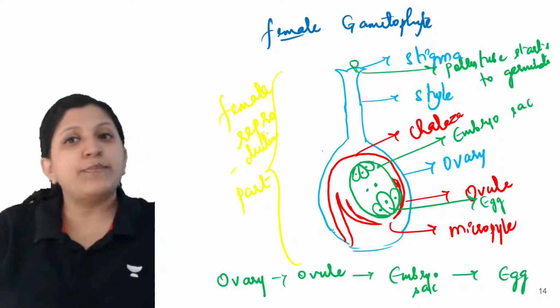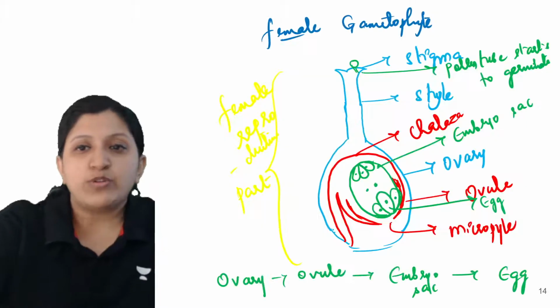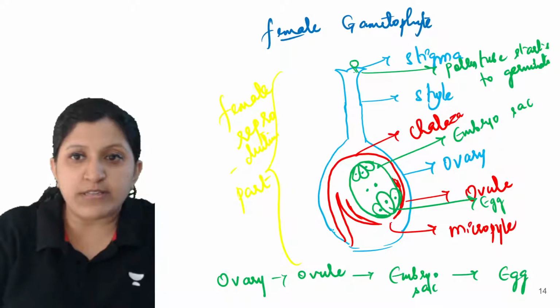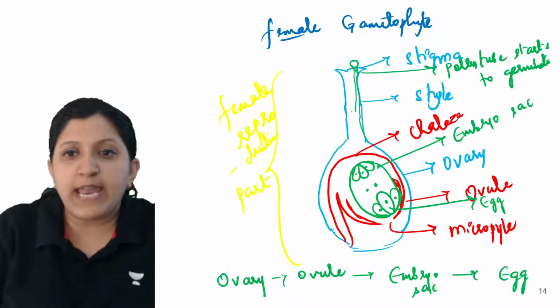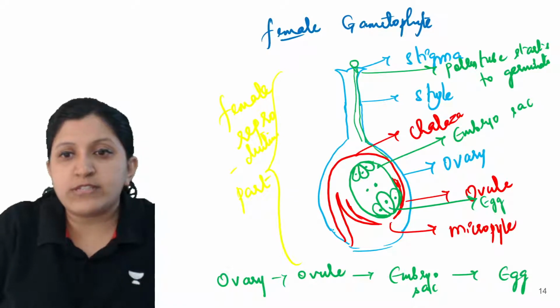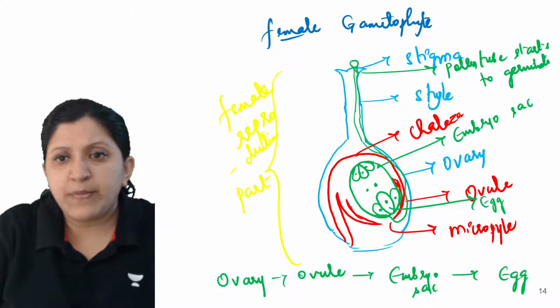Once it starts to germinate, because it interacts with the stigma, it will grow. So let's show it here itself. It will start to grow, and it can enter this embryo sac over here. We will just draw one more line.